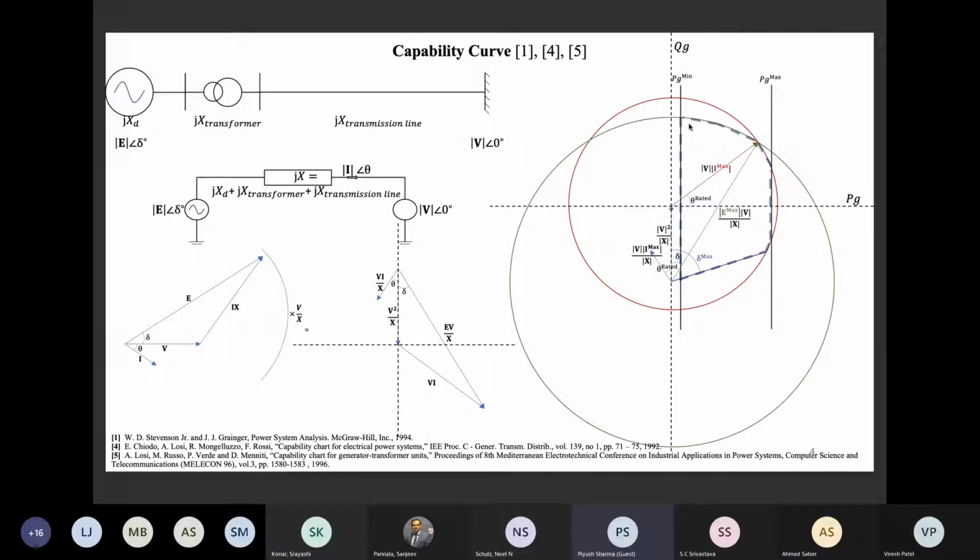This is very important in practice, and the reference number 3 has very nicely explained the capability curve.